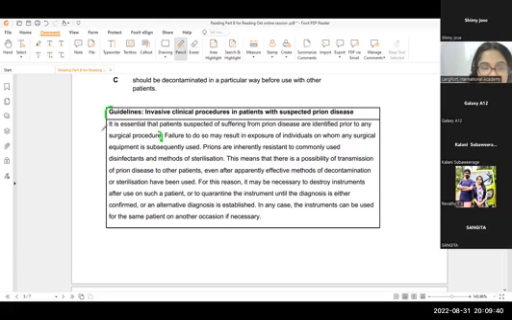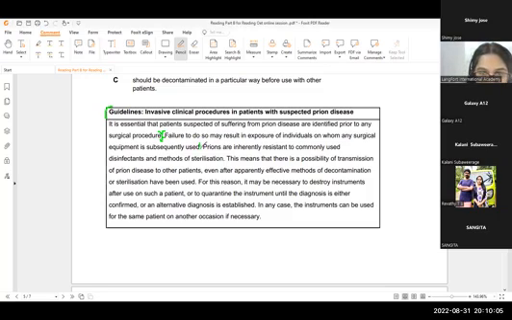Read the first sentence, please. It is essential that patients suspected of suffering from prion disease are identified prior to any surgical procedure. So before any surgical procedure, it's extremely important that we identify the patients who have prion disease. Next sentence, Tindy.